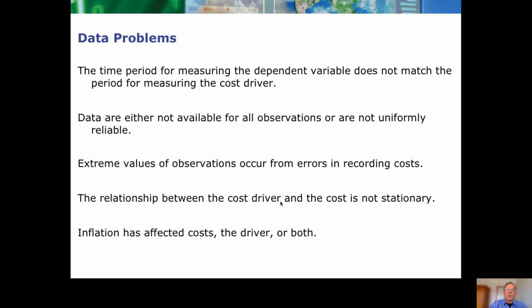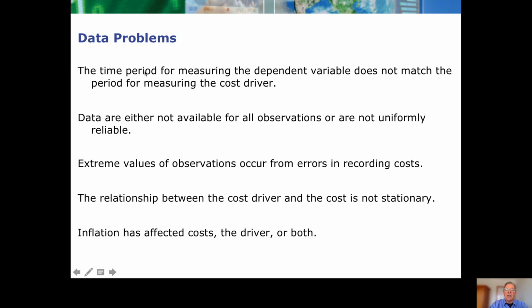Some of the areas we've talked about are the data problems. We could have extreme values, and should we ignore those extreme values? Are they distorting our ability to predict? And inflation will affect costs. There are also a few other bits and pieces when we're recording the data.